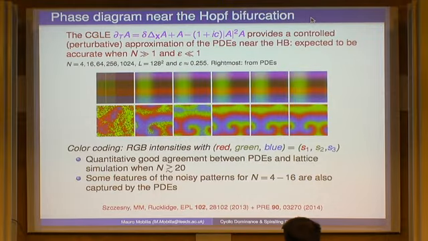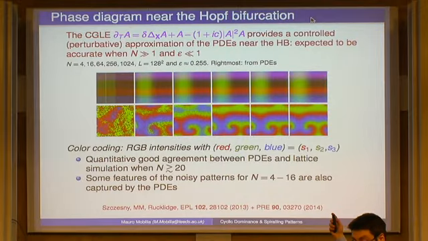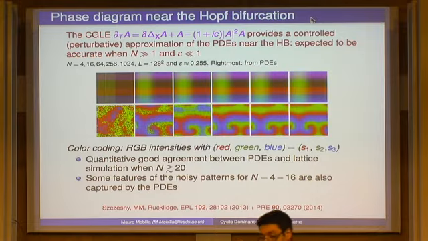The first thing I want to show you is that the PDEs give a good description of the lattice system. And then, as the CGLE is a good approximation of the PDEs near the Hopf bifurcation, I can argue that I can use the CGLE to characterize what happens.